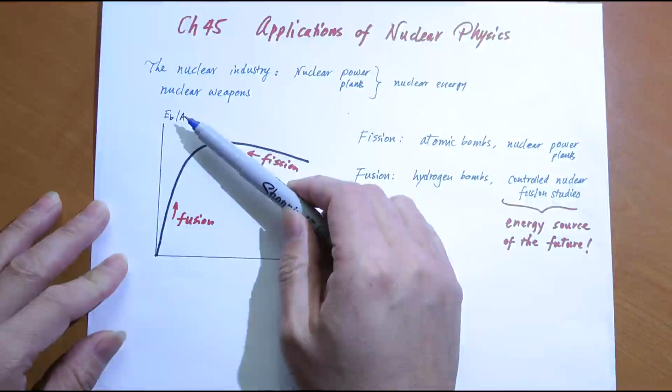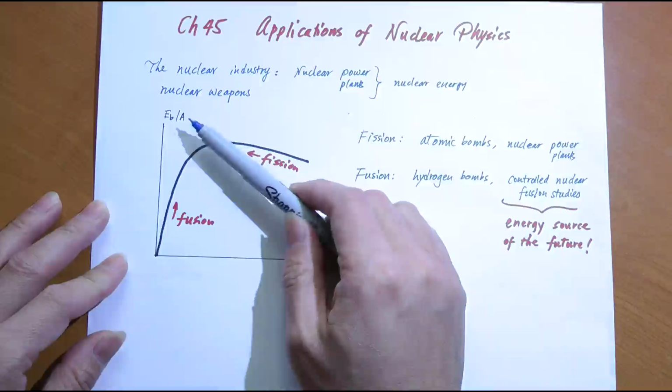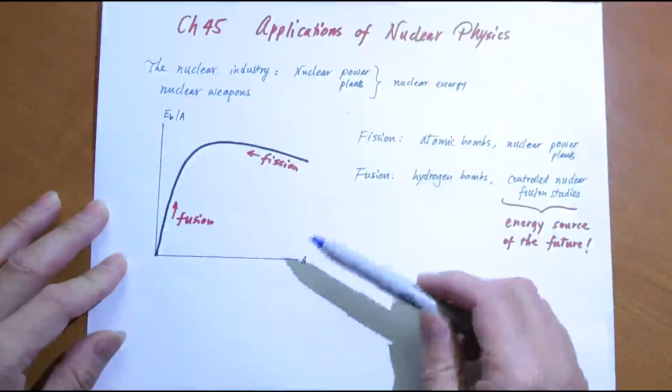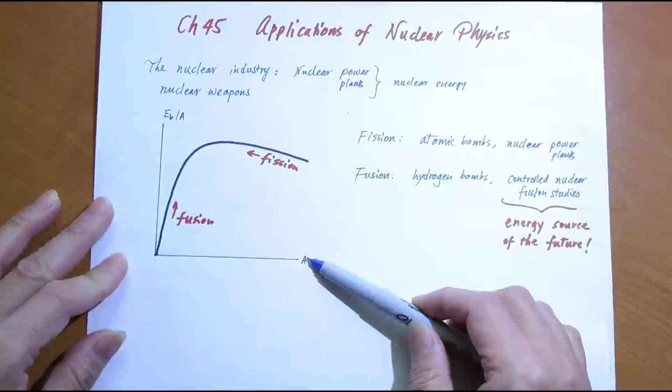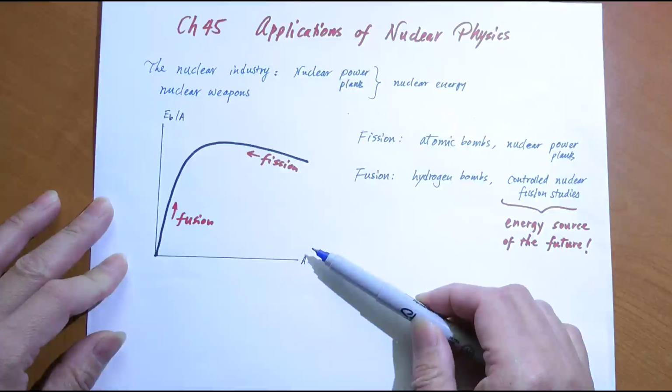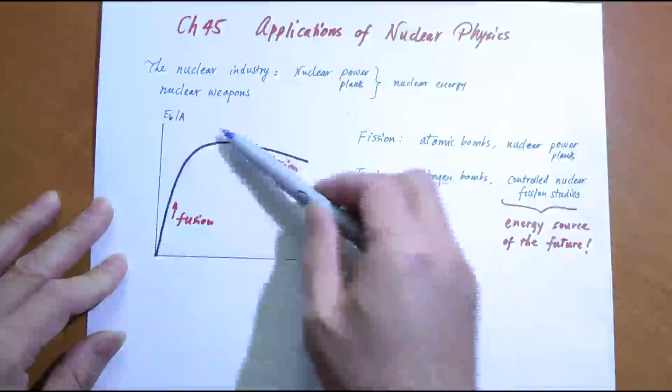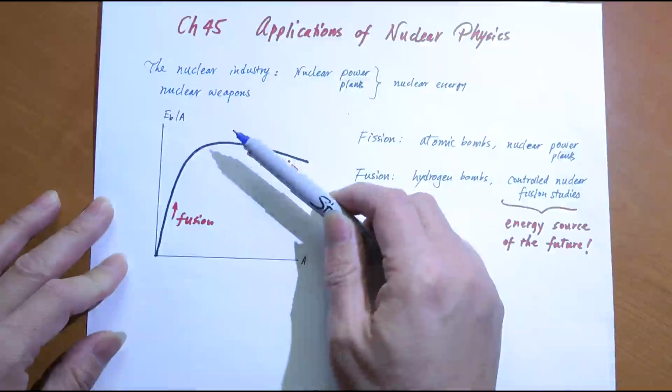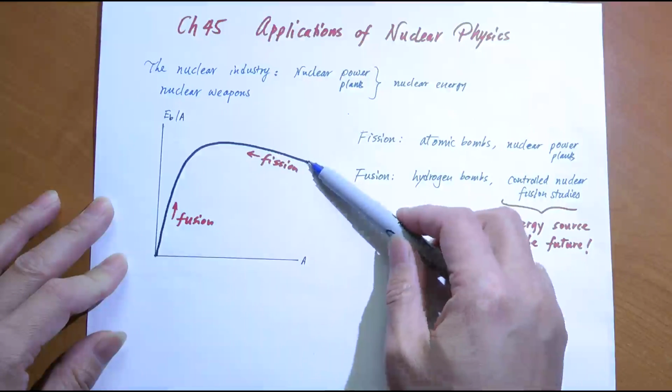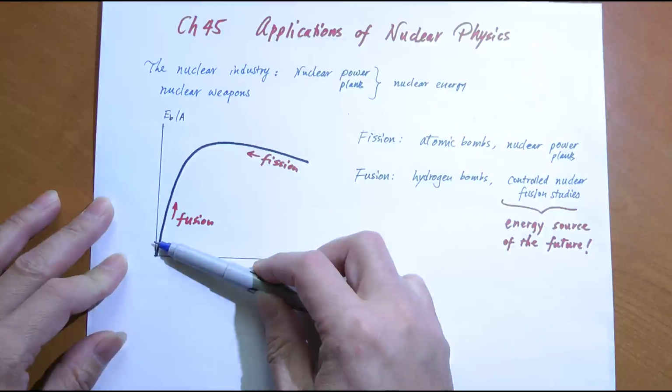This is binding energy per nucleon as a plot of the atomic mass number A. You can see here the most stable nuclides are the intermediate ones, such as iron. Heavier ones and lighter ones are not as stable.